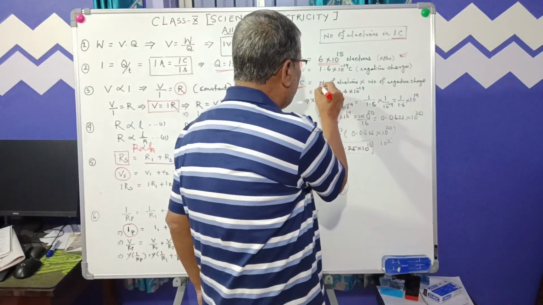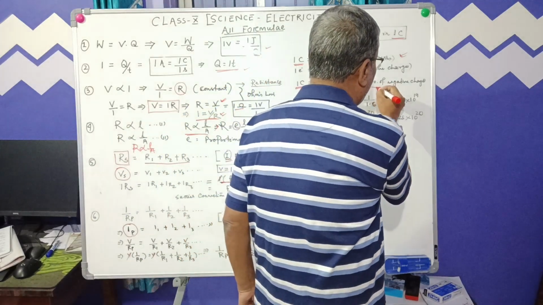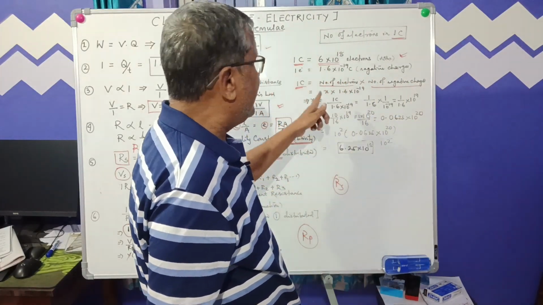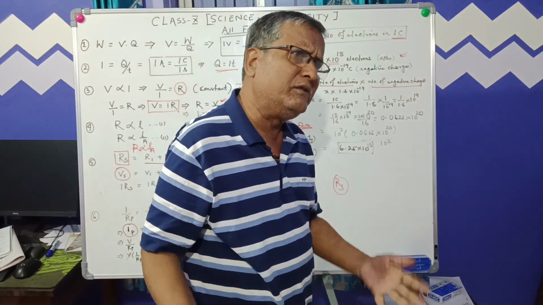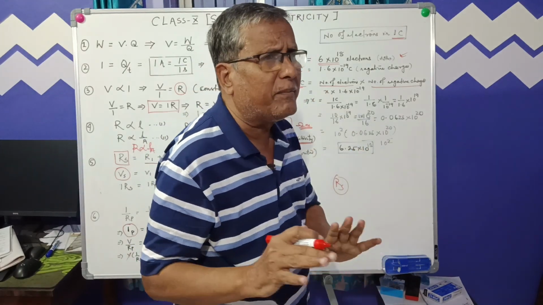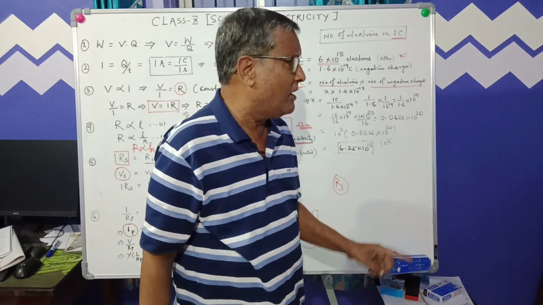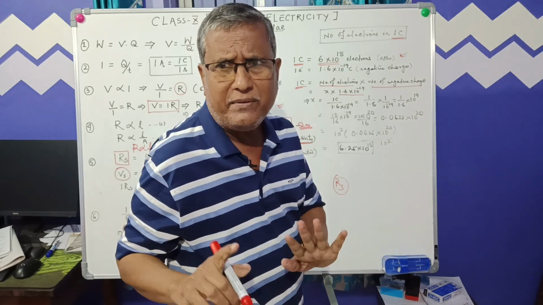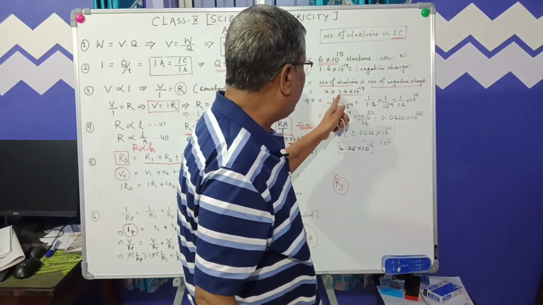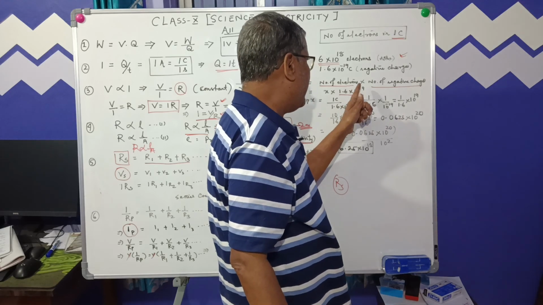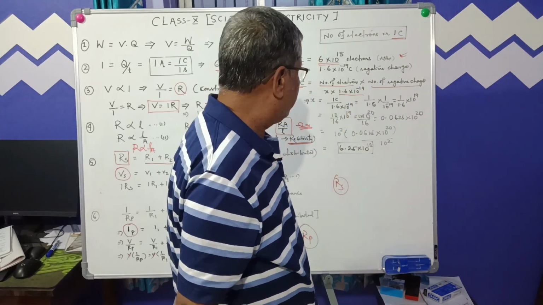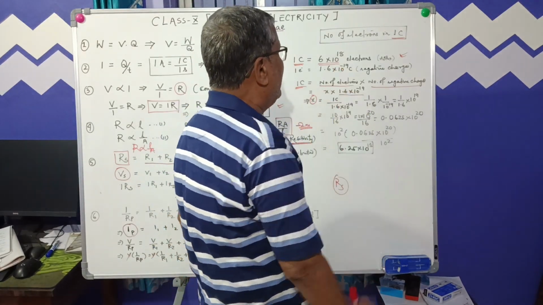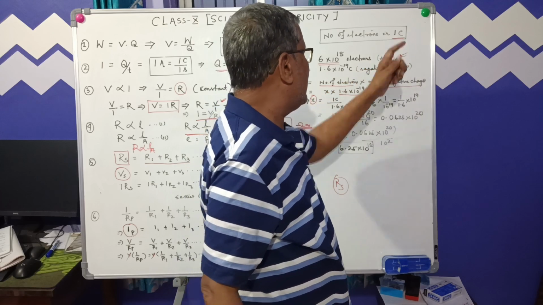That is the number of electrons times the charge per electron. Let the number of electrons be x, and each electron has this negative charge. So x multiplied by 1.6 into 10 power minus 19 is 1. Our intention is to find x, the number of electrons present in 1 coulomb of charge.